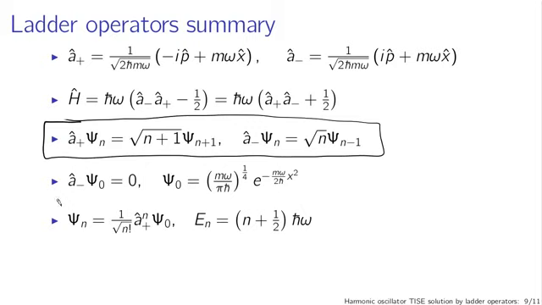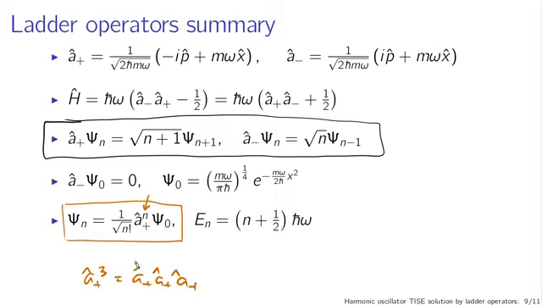Putting all of this together, you can come up with an expression for the nth wave function, psi sub n, in terms of psi sub 0. You have to apply a plus n times. This superscript n means to apply a plus n times. For instance, a plus hat cubed would be a plus, a plus, a plus, all acting on the psi, just one after the other.